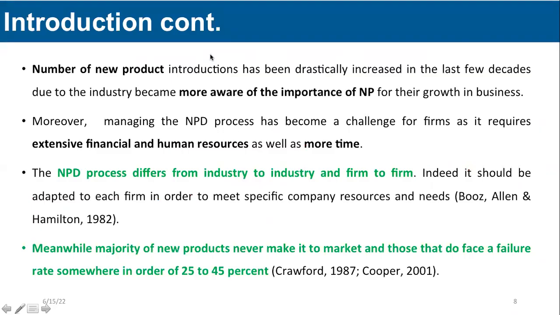So you can read these things. Actually, the new product development strategies are different, right? It is unique to the company, the regions and countries. It is actually a unique procedure. In your home, it's a very common example for occasions.